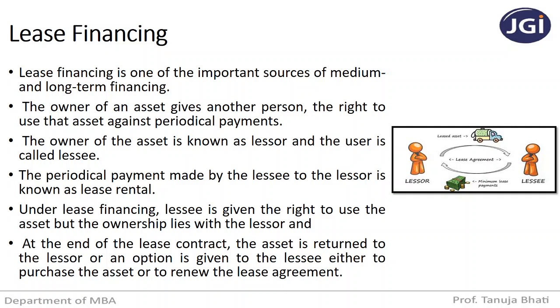So here the owner of the asset gives another person, the lessee, the right to use that asset against periodical payments. The owner of the asset is known as lessor and the user is called the lessee. The periodical payment made by the lessee to the lessor is known as lease rentals.